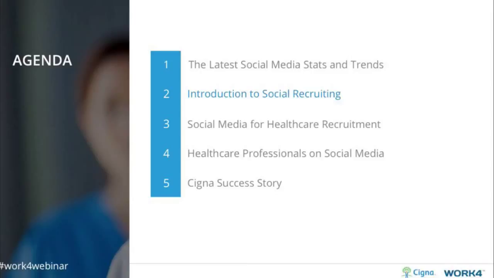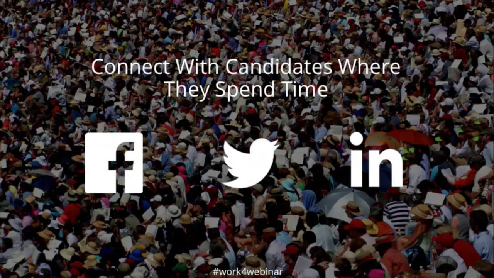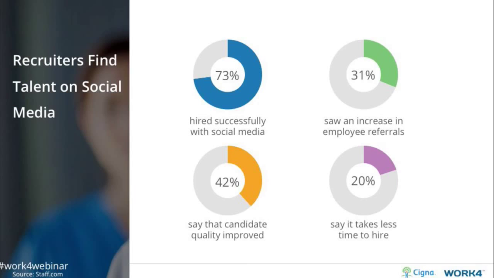What we're going to get into now is how you can use it specifically for social recruiting. And, again, we're talking about the three major social media channels, Facebook, Twitter, and LinkedIn. As we go a little bit deeper, these statistics kind of, for the most part, stand out to me because, as you know, we're spending a lot of time on social media. Why and how should we recruit there?